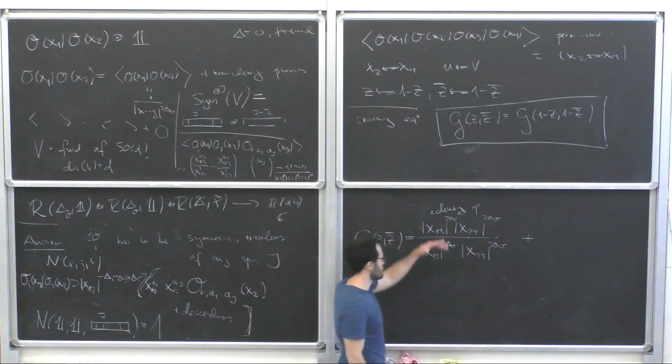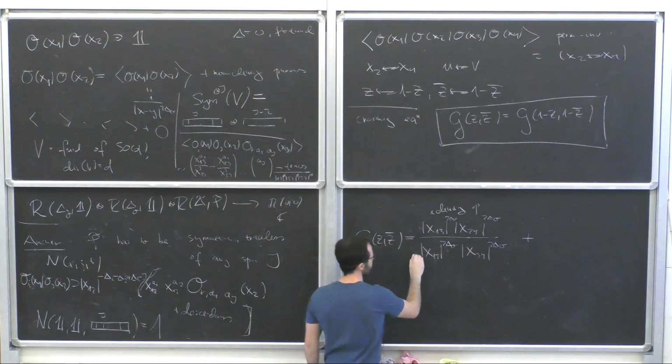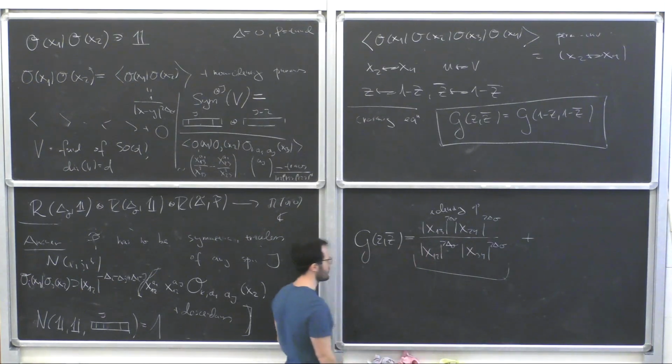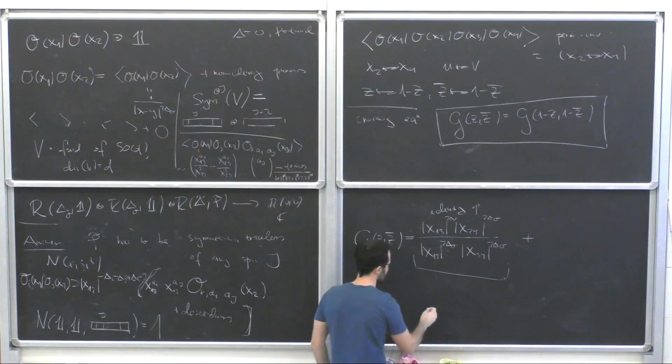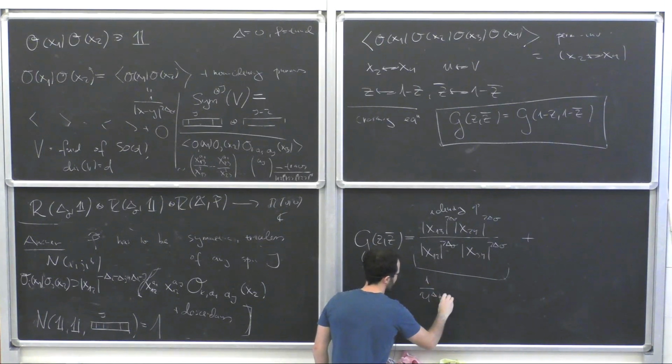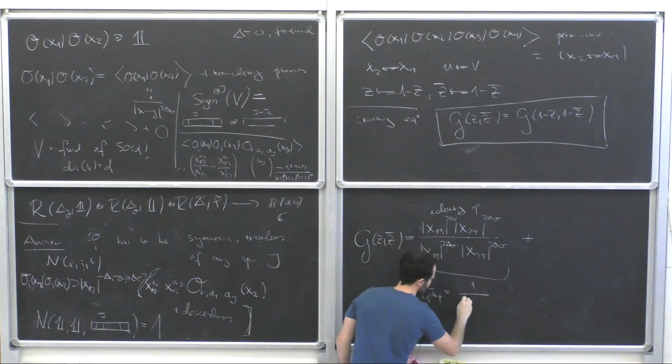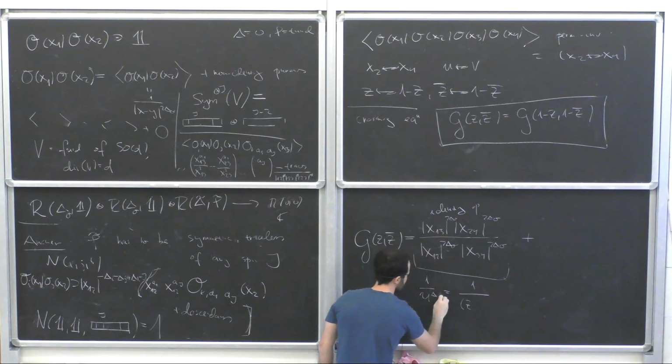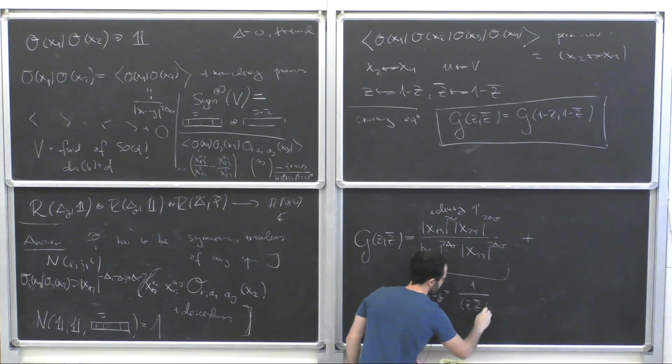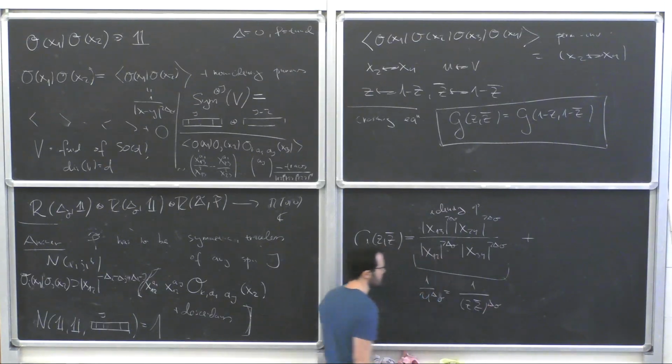So this is just the contribution of the identity operator, and you can nicely write it in terms of the cross ratios as 1 over u to the delta phi, which is the same thing as 1 over z z bar to the delta phi.